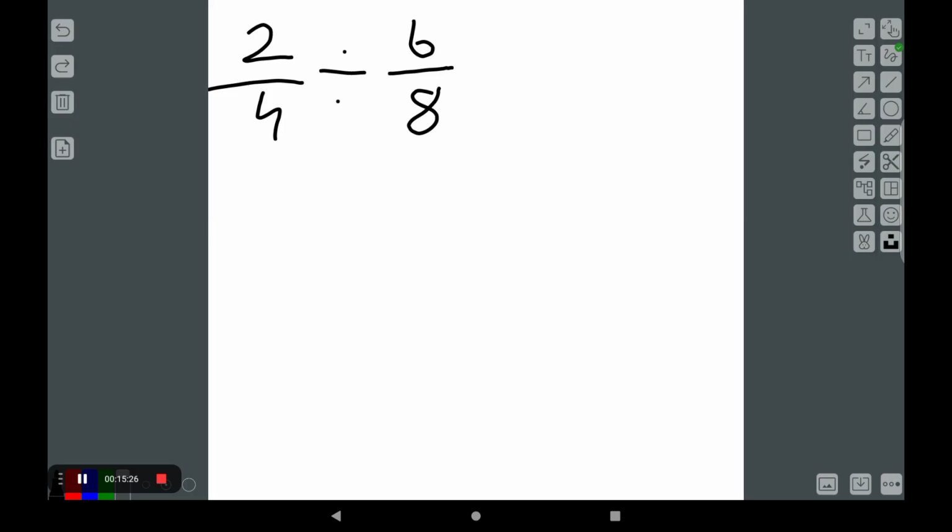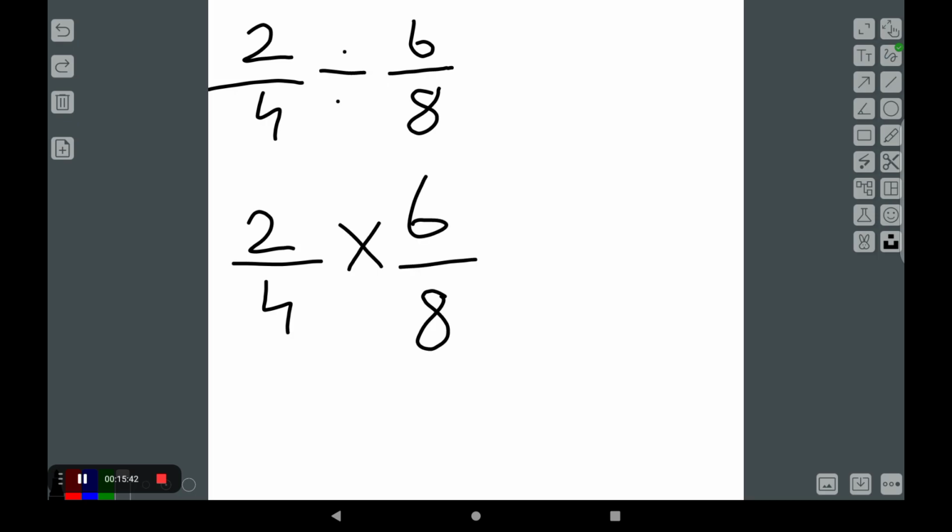So let me explain. When you talk about division, it's very simple. So here is the sum. First we have to change the sign from division to multiplication. This is step number 1. After this, step 2 is to simplify if anything can be simplified.